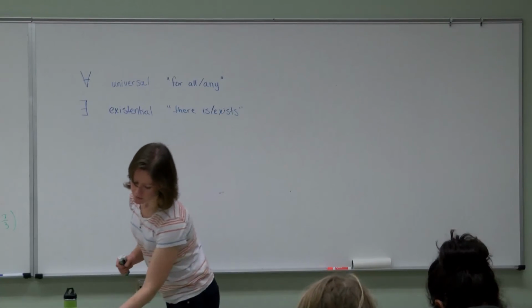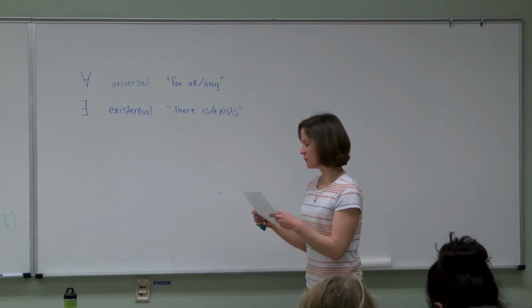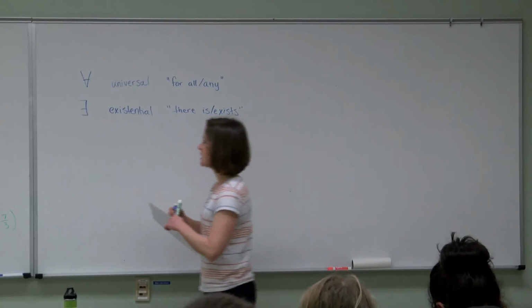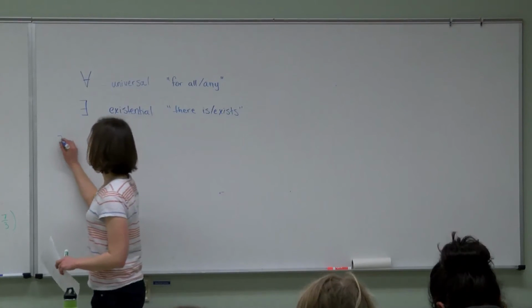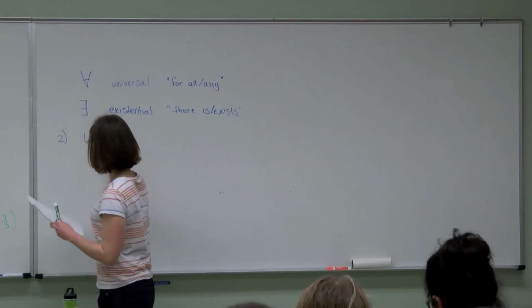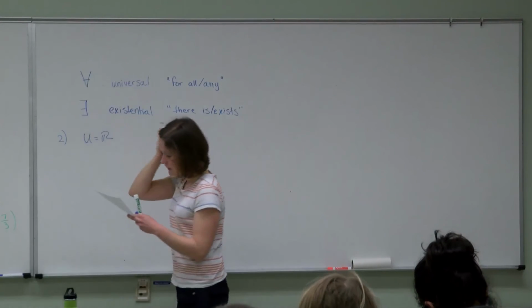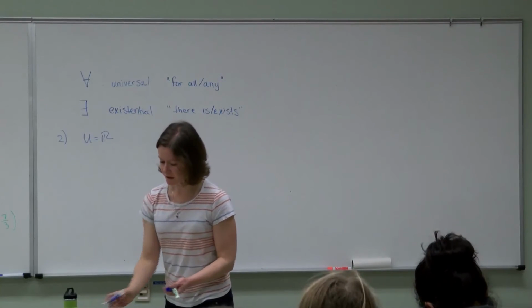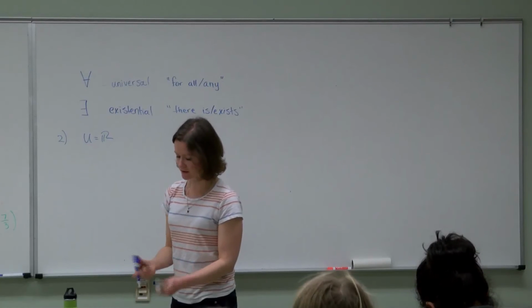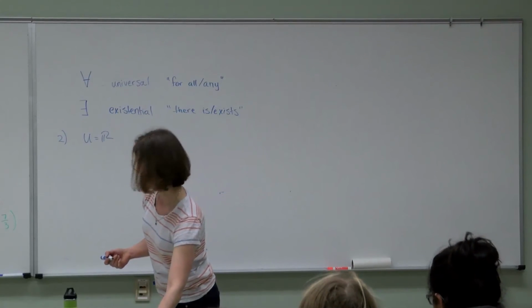Okay, so in example 2, we're working with the universe of the real numbers. And we want to determine whether the following statements are true or false, and these both involve quantifiers.